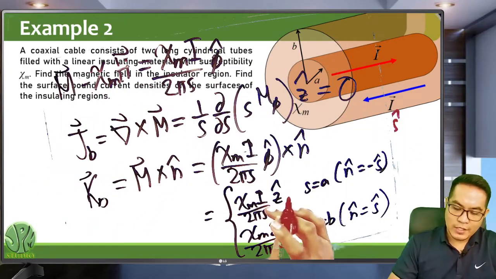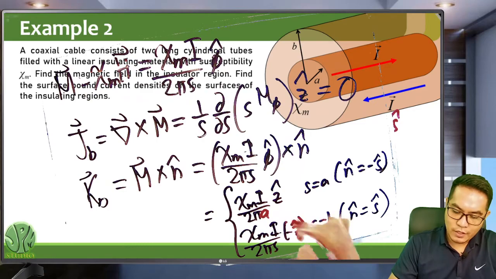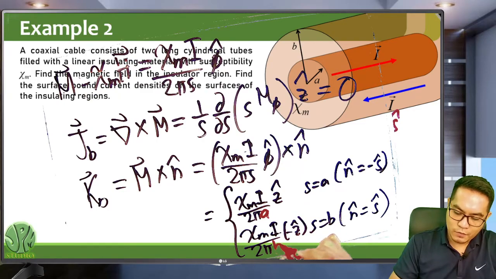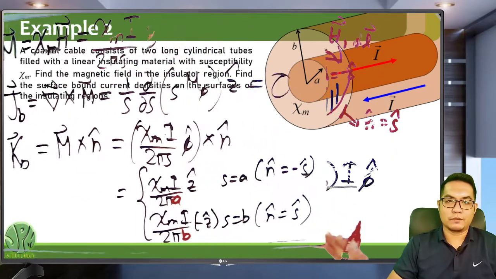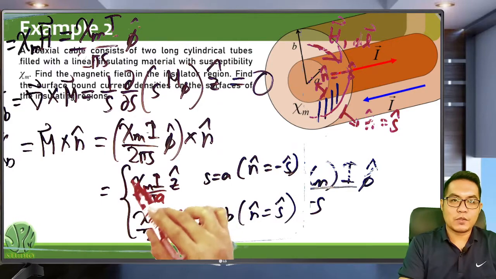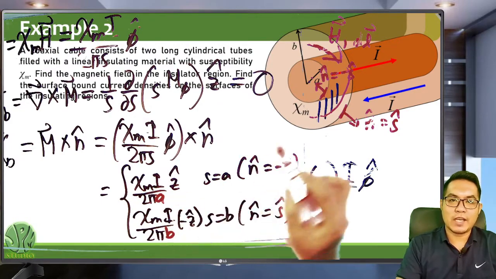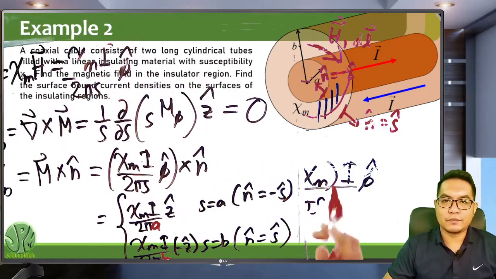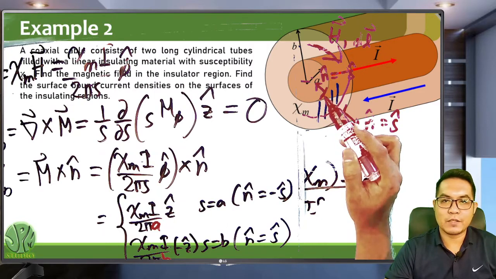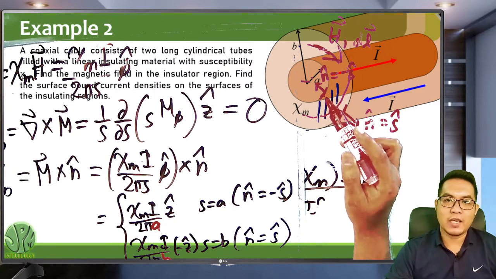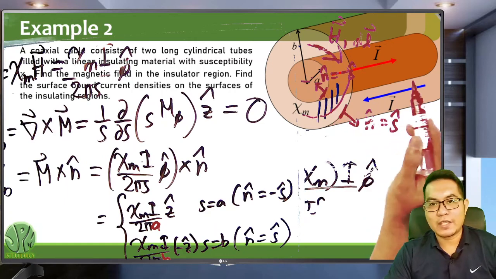Sorry, S here is equal to A, and S here is equal to B. So this is the magnitude of the surface current density at S is equal to A at this inner surface. So the current is actually along the positive Z axis, so in that direction.